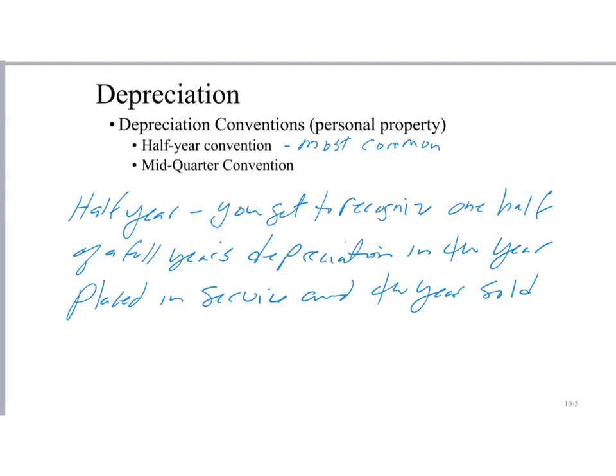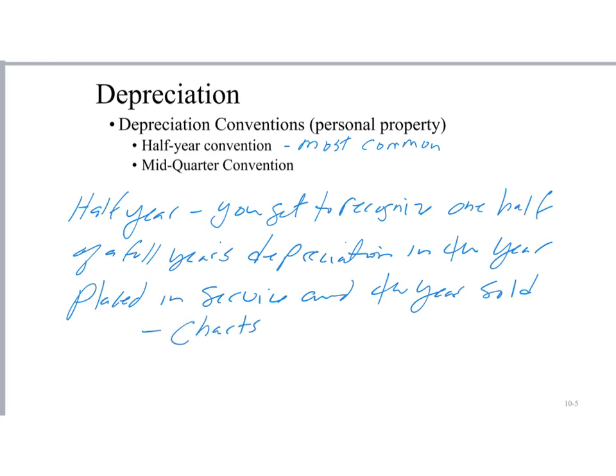All right. So all of the other years in between, you get to recognize a full year of depreciation, but you get to recognize half a year of depreciation in the year you acquire that thing and in the year you sell that thing.